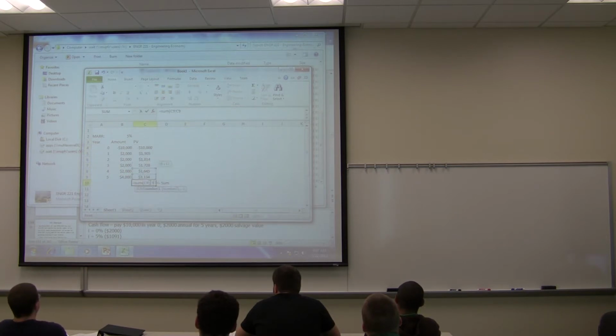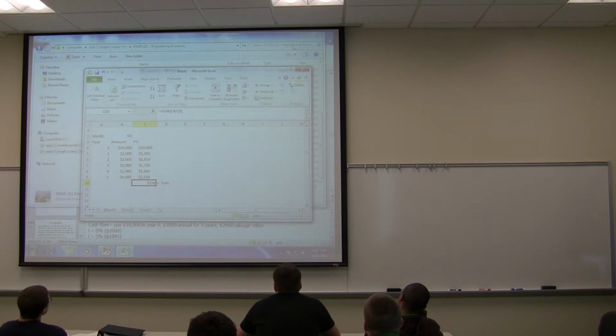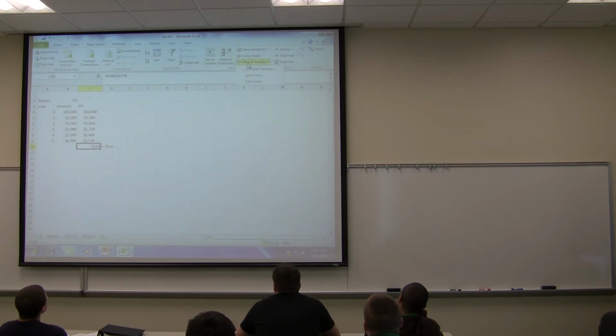So this was yesterday. What we did was, if the MAR is 5%, then we get 226 left over beyond the 5% return that we got. And so now what we want to do is goal seek, so Data, What-If Analysis, Goal Seek, we want that to be 0.